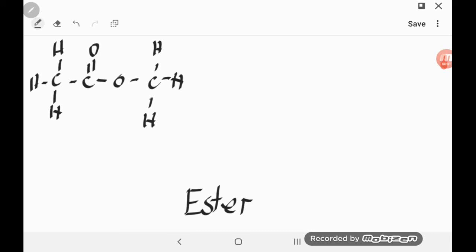Take note of the oxygen bond here. An oxygen connected to another carbon and another oxygen with a double bond to a carbon. The condensed structure of an ester would be like this. And the line structure for this ester would be like this.